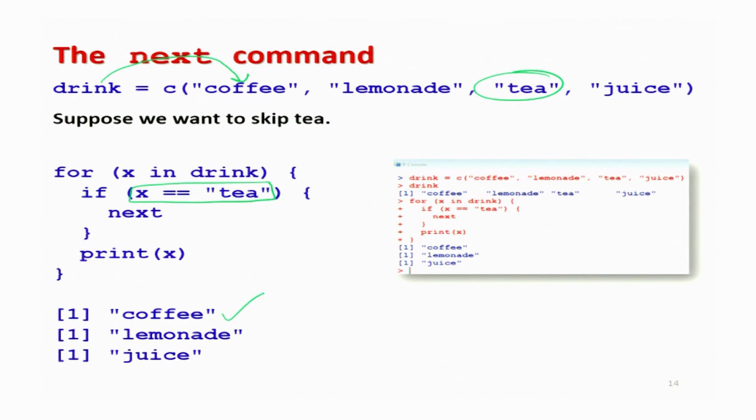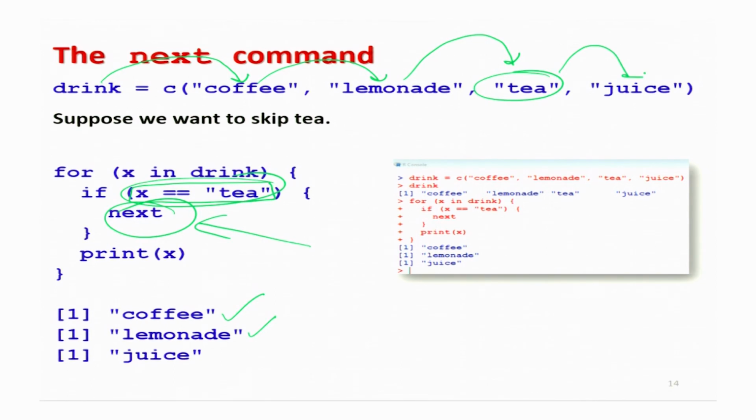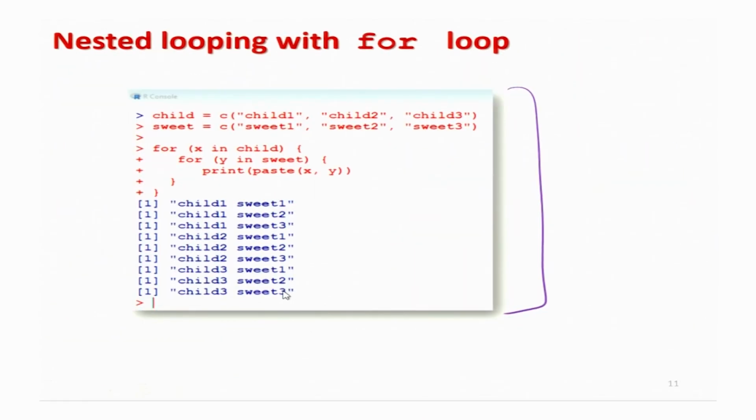So, it will print coffee, then it will come to lemonade, then it will print lemonade, there is no issue. After that it will come to tea. Now, it is saying that okay, if x is equal to tea, then next. So, it will skip it and then it will come to juice and it will print juice. So, you can see here this is how this program is going to work, right.